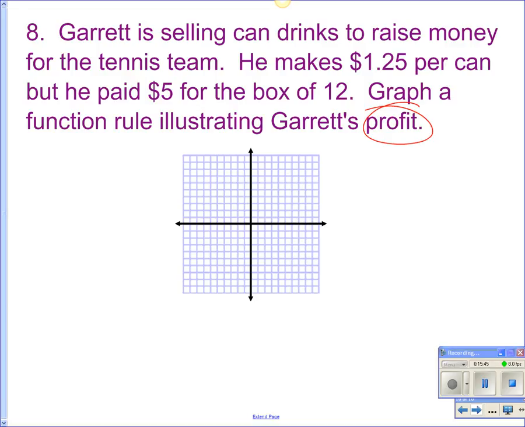Let's see. Gracie, how is Garrett making money? What's he doing to make money? He's selling canned drinks. Andrea, how much is he selling them for a piece? And what do I have to put with $1.25?